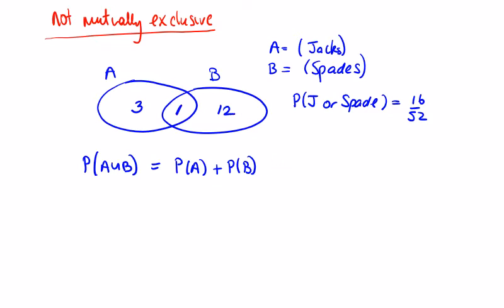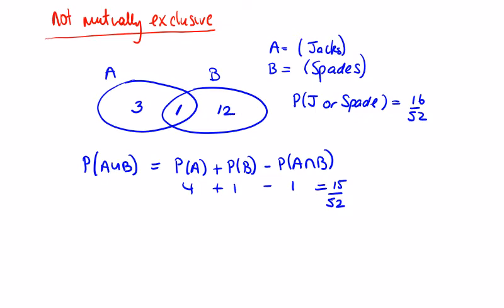The probability of A we can see is 4. Probability of B is 12. Now what would we have to get rid of? We'd have to get rid of the probability of A intersection B. Minus 1 equals 15 over 52. So I hope you're all shouting my mistake at me.